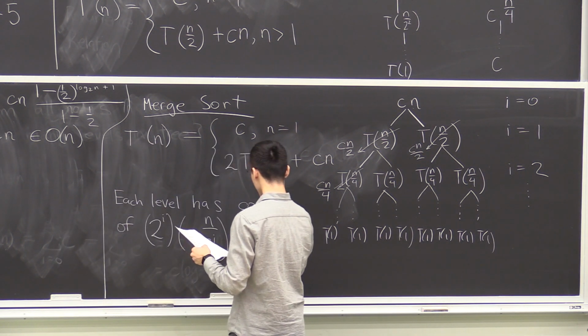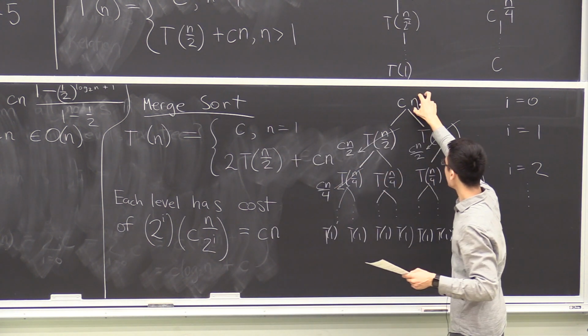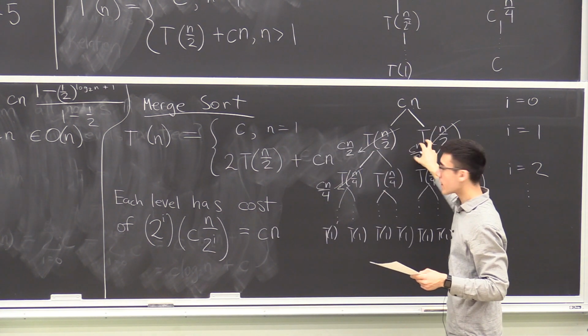And if you multiply that, you'll get Cn. So Cn over 2 plus Cn over 2 is also Cn, and so on.